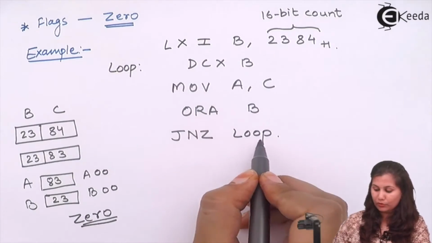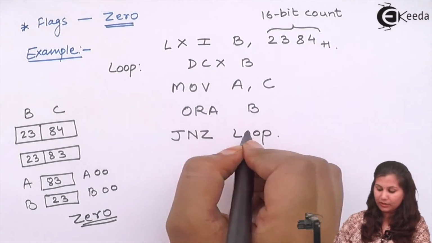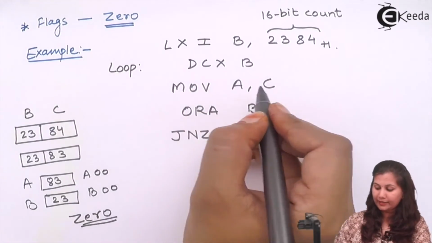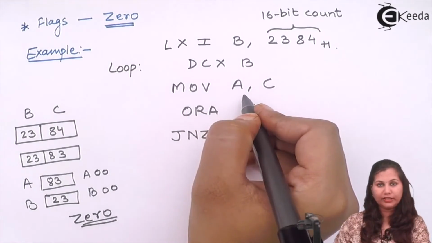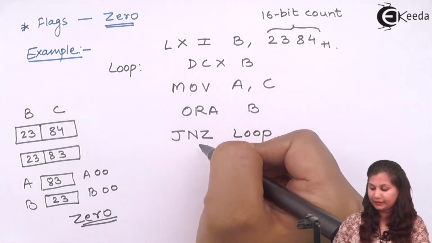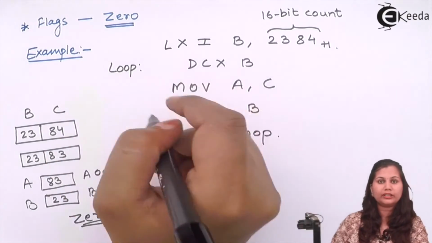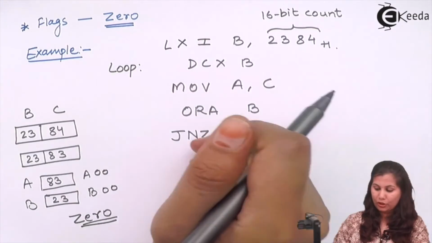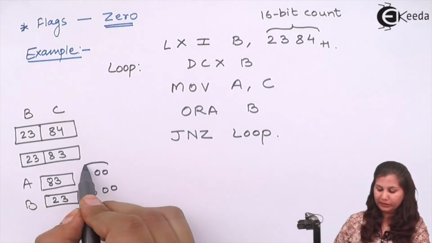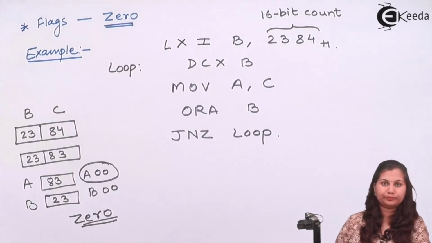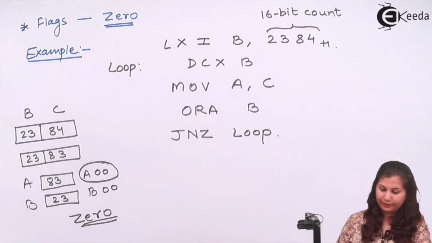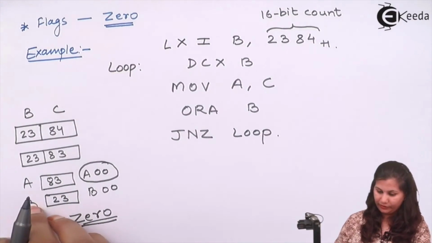Then we have jump on no zero to loop. When it is not 0, it will again decrement the register pair, move C into the accumulator and OR it with B, and if it is still not 0, the loop will be repeated. So this loop will be repeated until the contents of the accumulator are 0.